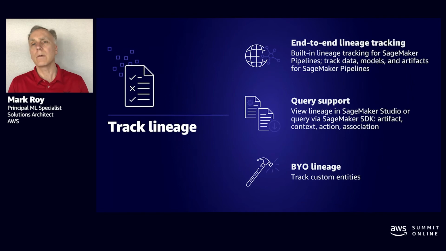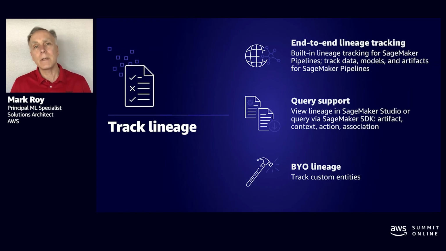So when you need to understand where did the model come from, you've got all of that data available either visually through SageMaker Studio, or if you want to build your own custom reports and do some queries, you could use the Python SDK to get at that, even including custom entities that the SDK supports for you to do that.